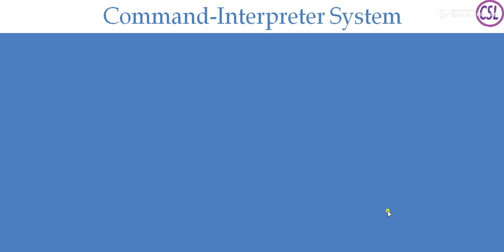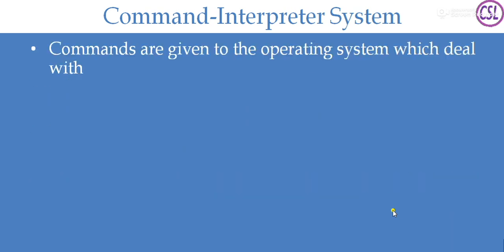So the last component of the operating system is the command interpreter system. Now, every operating system provides a graphical user interface to access the computer. In addition to that, there is one more interface called the command interpreter. By typing commands, we can get the task done. So what are the commands? That is different.